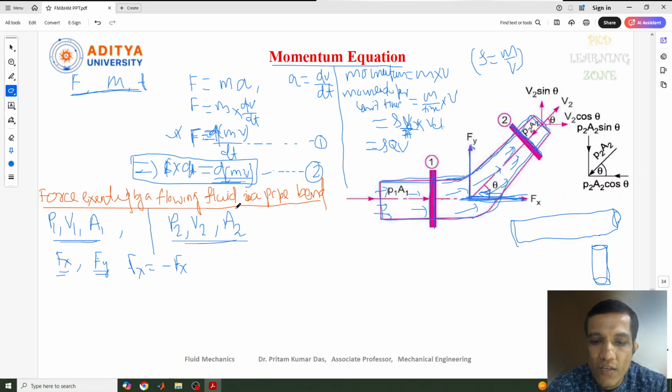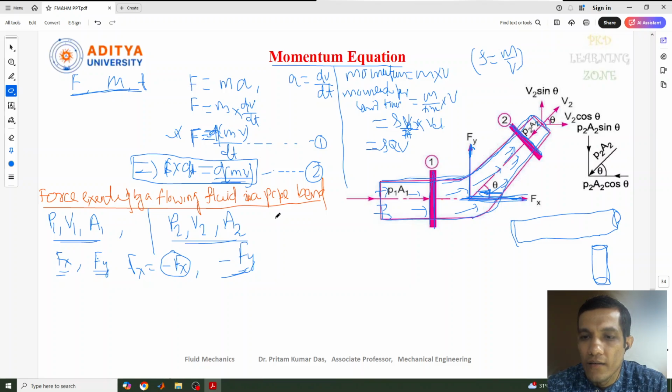So the force exerted by the bend on the fluid: now this fluid is giving an impact on the bend pipe, and again, due to this bend in the pipe, the fluid also gets a reverse force. So we need to consider that as minus Fx. And similarly in the direction of y, that will be minus Fy.